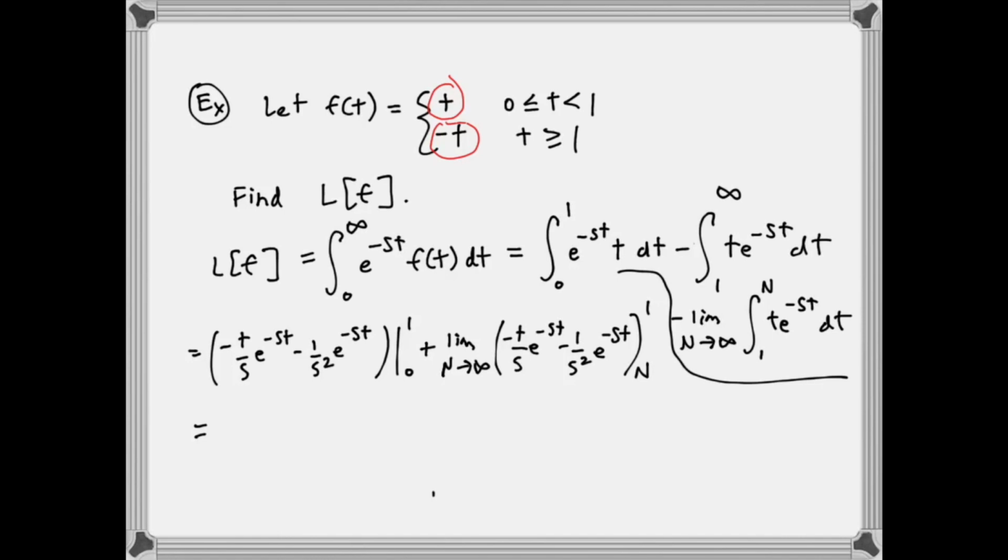So here's what we get. We have negative 1 over s e to the negative s minus 1 over s squared e to the negative s, minus, then I plug in 0, I get 0 minus 1 over s squared. So all of that, plus, if I plug in 1, I'm going to get the exact same term again as I did over there.